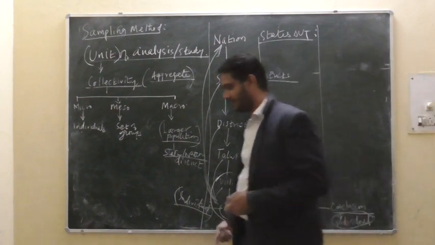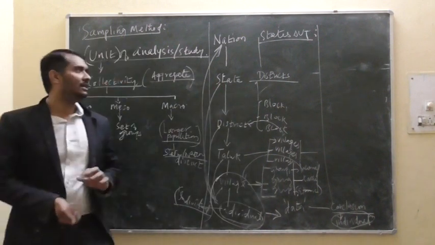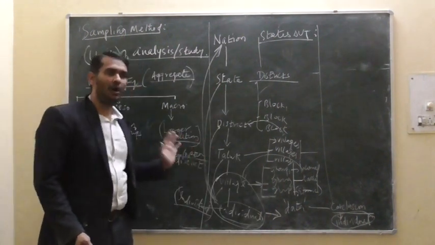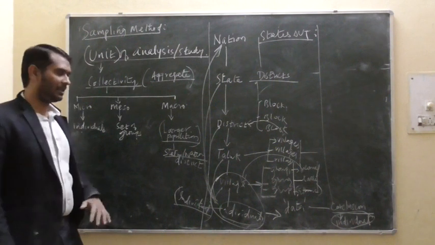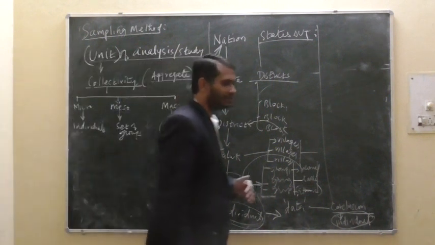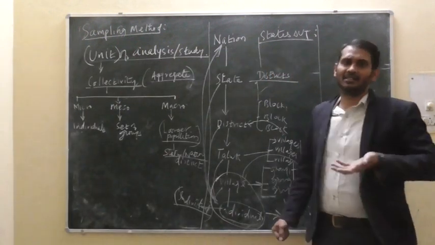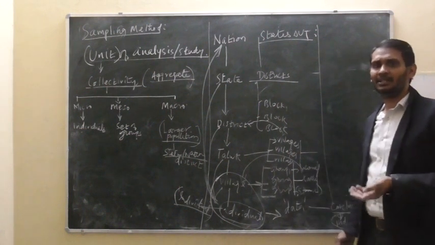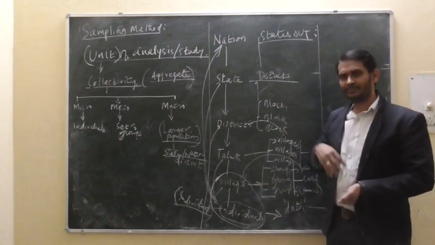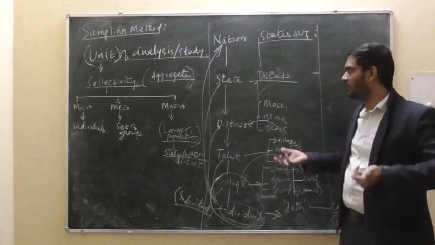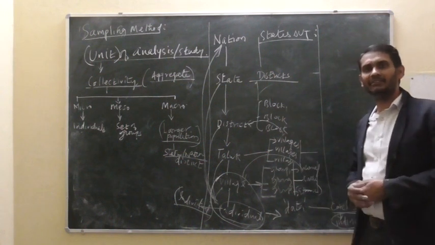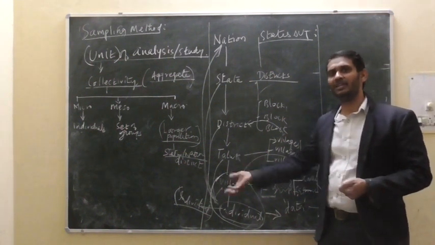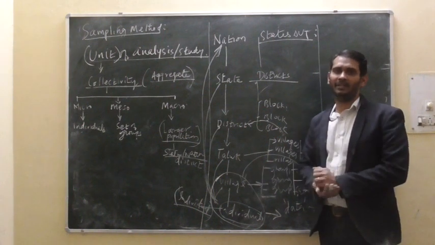From here, in the next lectures, I will be moving on to data analysis, how to analyze quantitative data. That will be purely part of statistics. I will be using the methods of statistics to explain how to analyze the data which we have collected from the field. Okay, thank you.